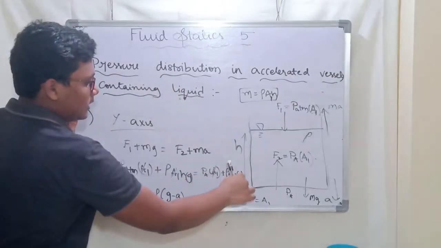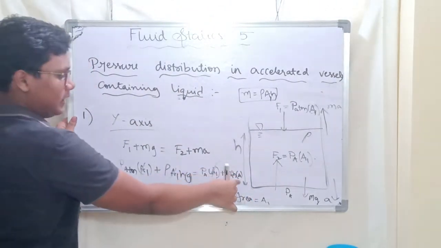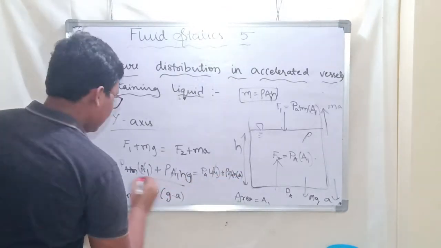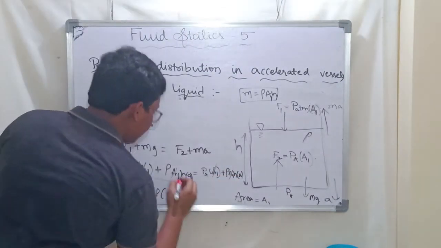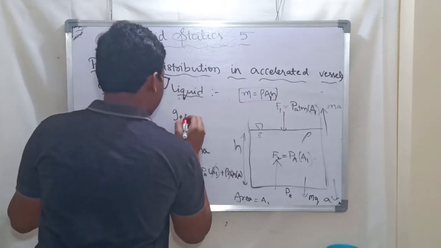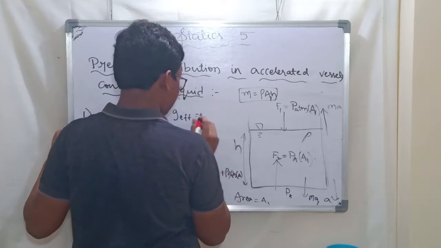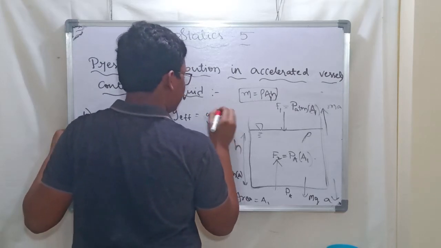It will come this side. So G minus A. Here G minus A is the effective gravity.